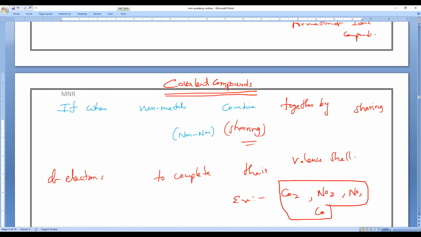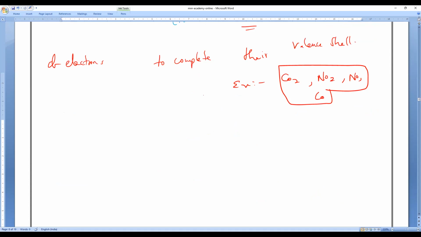So anybody having any doubt in this, you can ask me. So this is about what valency is and how to write the valency. And I said yesterday one important point. After donating electrons, the size of the cations will decrease compared to the atoms.